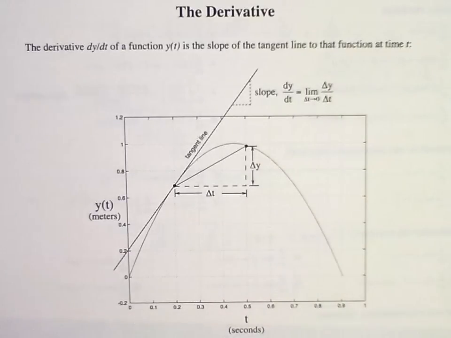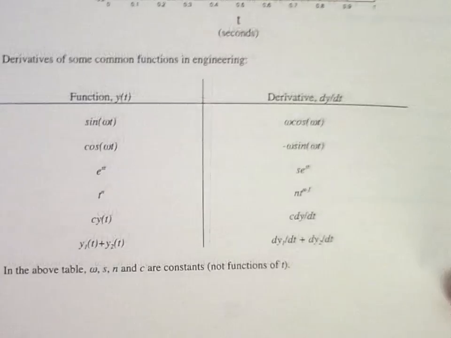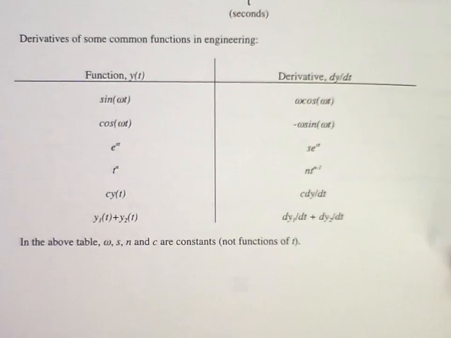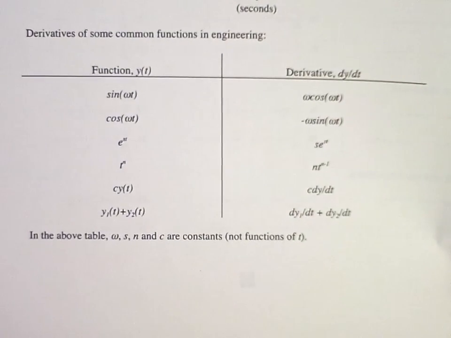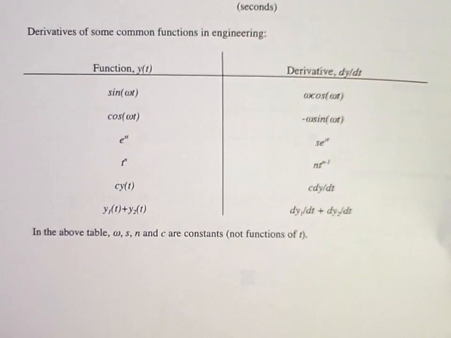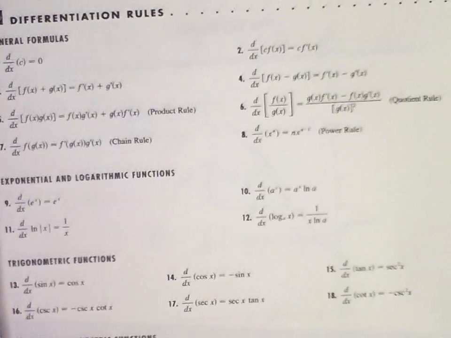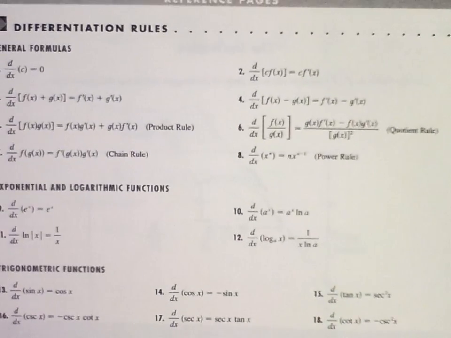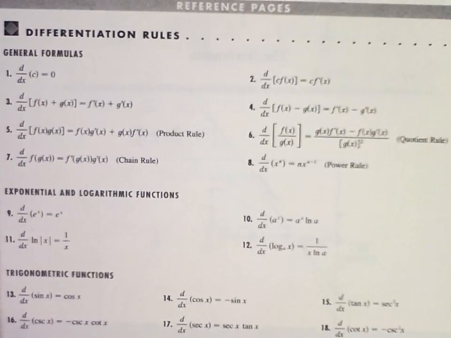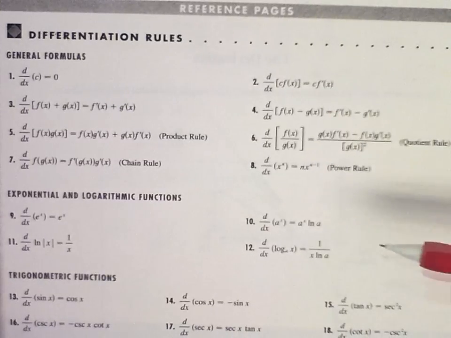It's also got some basic functions at the bottom that will help us a lot. But if we flip it over, it's got a whole page of differentiation rules, which means derivative rules. And these first 8 will solve most of the problems that we'll run into.